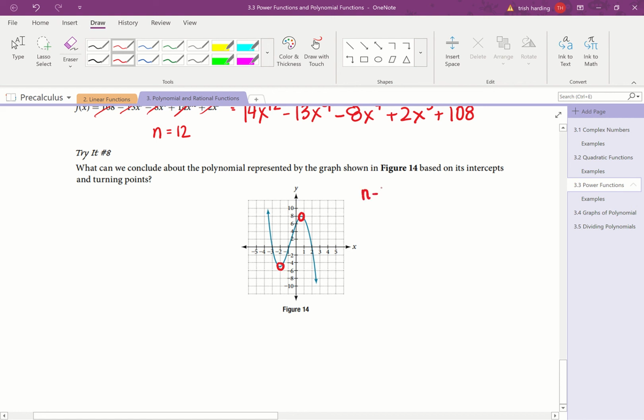So if our n minus 1 equals 2, this is turning points. So that means our n is going to be equal to 3. So we're going to have a third degree polynomial of some type.